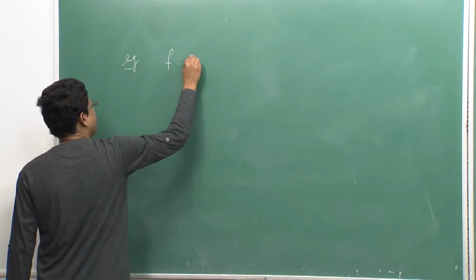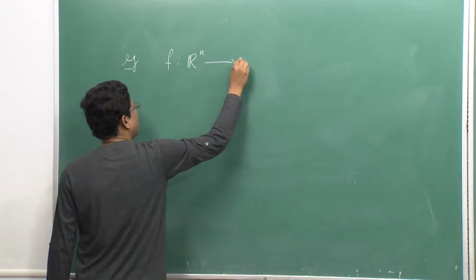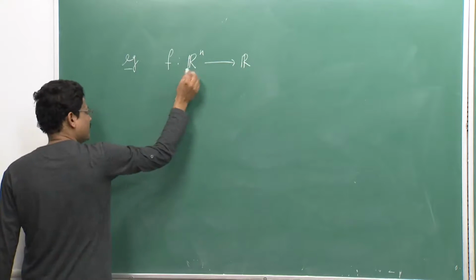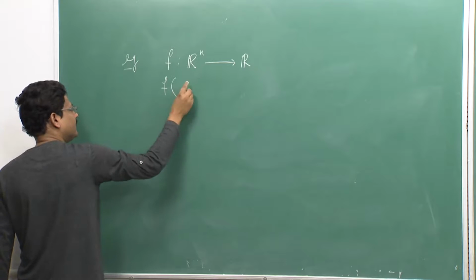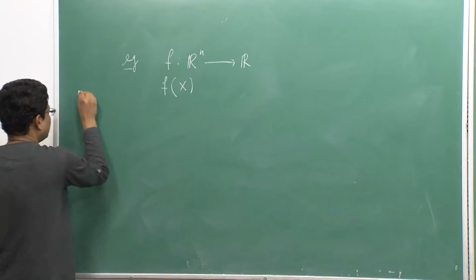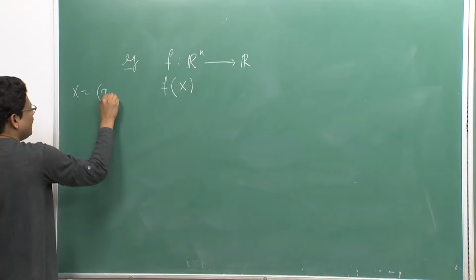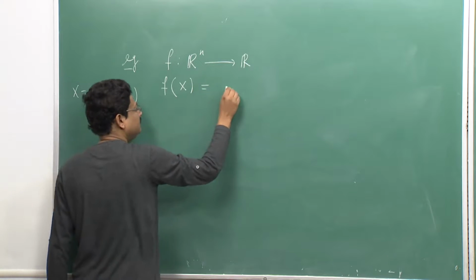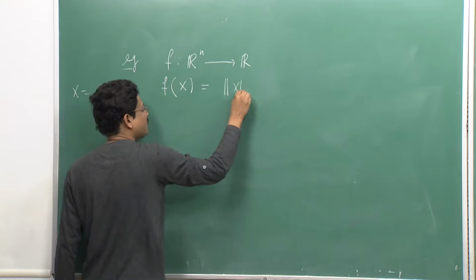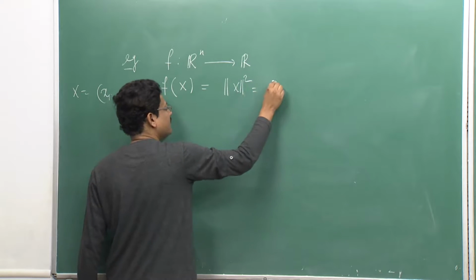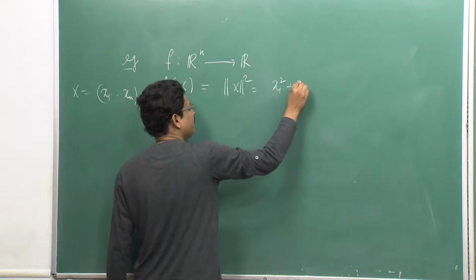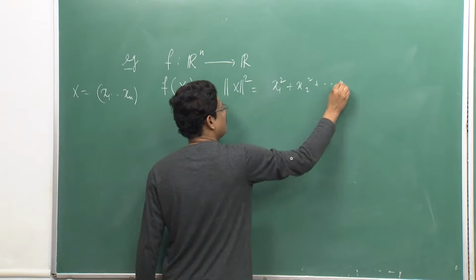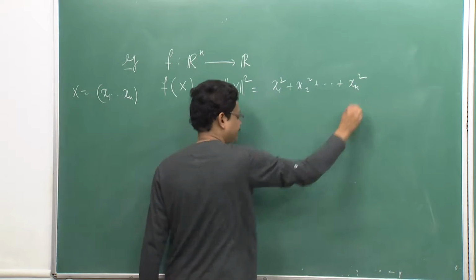f is from, let us say, Rn to R, so real valued, given by f of x, let us say x equal to (x1, x2, ..., xn), equal to just norm of x square, which by definition is x1 square plus x2 square plus ... plus xn square.